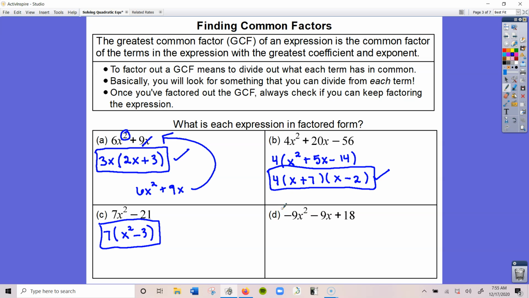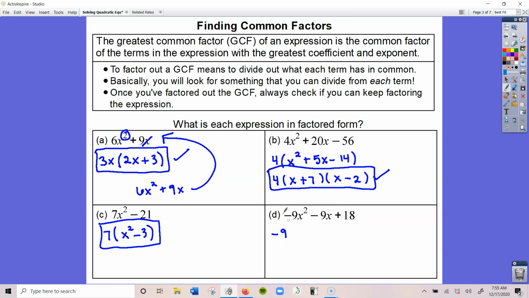Moving along to D, we have negative 9x squared minus 9x plus 18. Every single term is divisible by 9. And additionally, we don't want to have a negative in front of the x squared, so we're going to factor out a negative 9. And since not all terms have an x, because this 18 doesn't have an x, I cannot factor out an x.